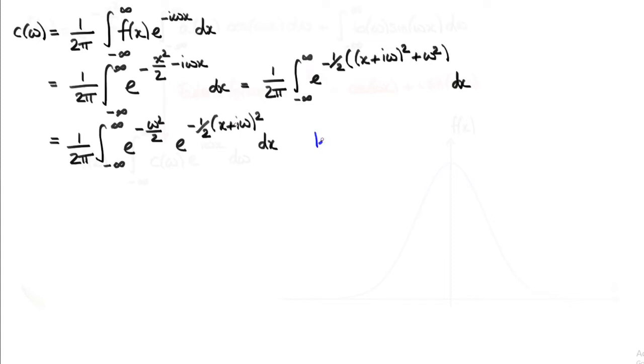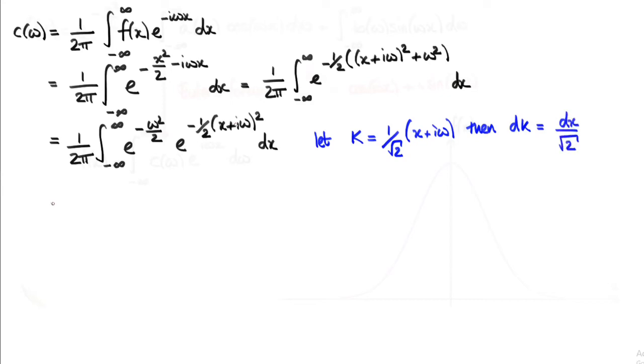So let's invent a new variable, k, and we're going to let k equal x plus i omega divided by the square root of 2. So you can see that when we square that, we're simply going to get e to the minus k squared. And when we take the derivative of this expression to find dk, we can see that dk is equal to dx over the square root of 2.